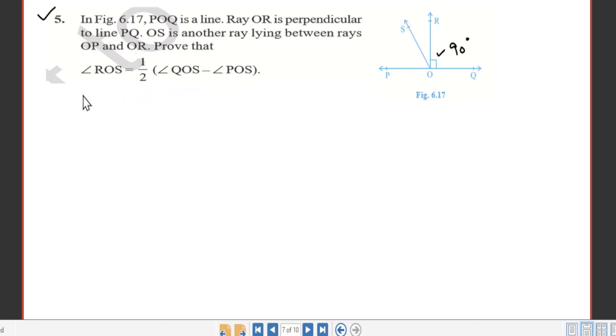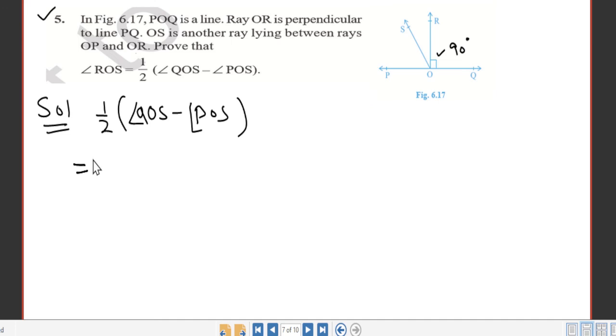To prove this, the easiest way is to take its right hand side. Take its right hand side: angle QOS minus angle POS. Now from the figure, see this is QOS.